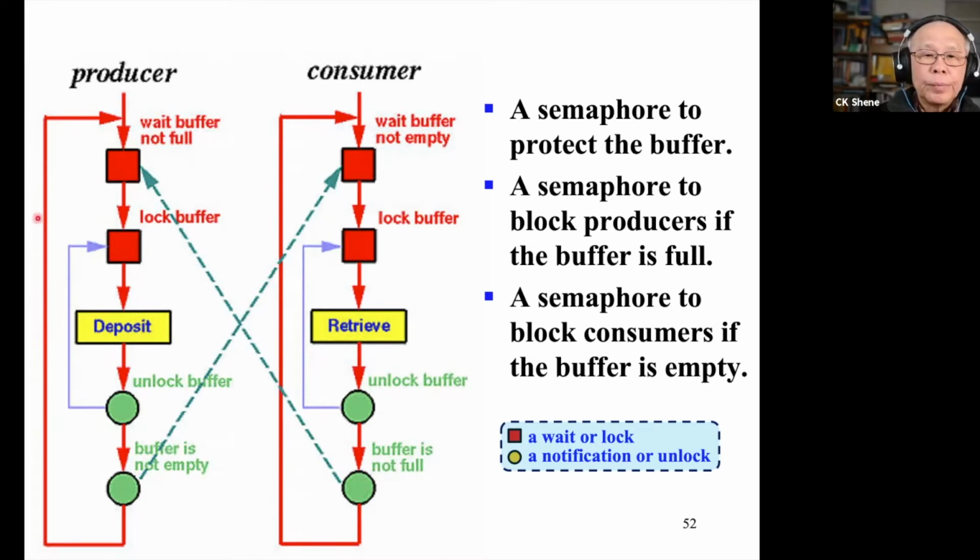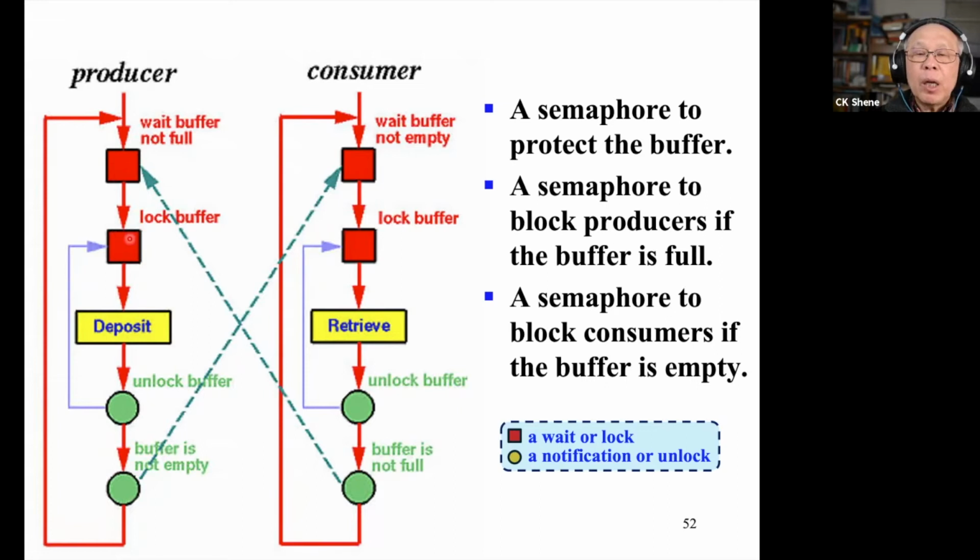So here we have the critical section. This critical section is protected by the same semaphore here. This semaphore and this semaphore are the same. So a producer could be blocked here because the buffer is full.